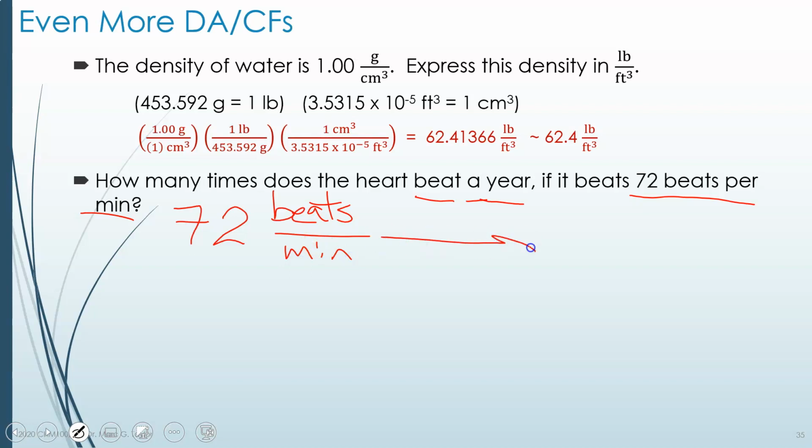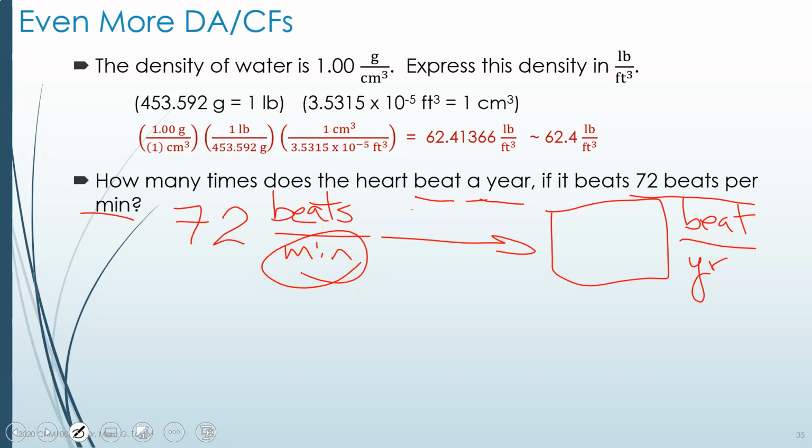And you were asked to convert this to some number of beats per year. So we don't have to change the beats. We only have to change the minute. So we're going to need some conversion factor that has minute on the top and year on the bottom. Unfortunately, we don't have a single conversion factor. This doesn't exist. Well, you might be able to find it on your conversion sheet. But you can create this by doing a number of things.